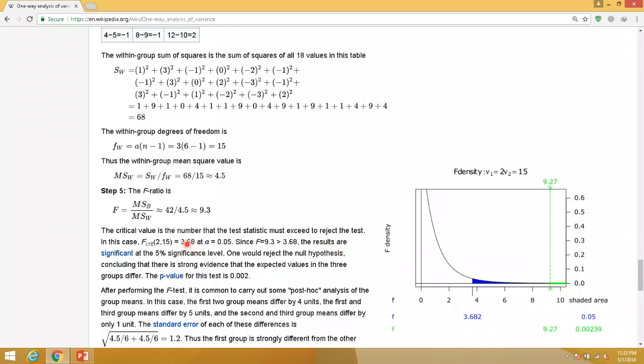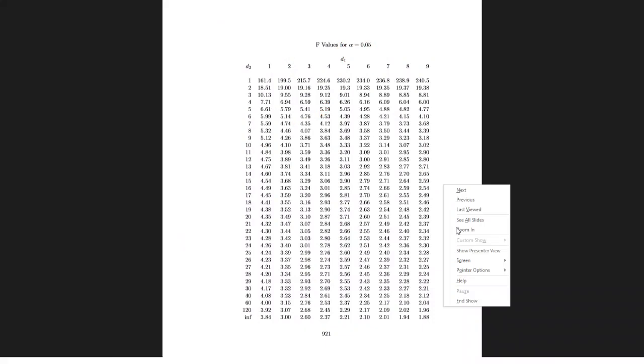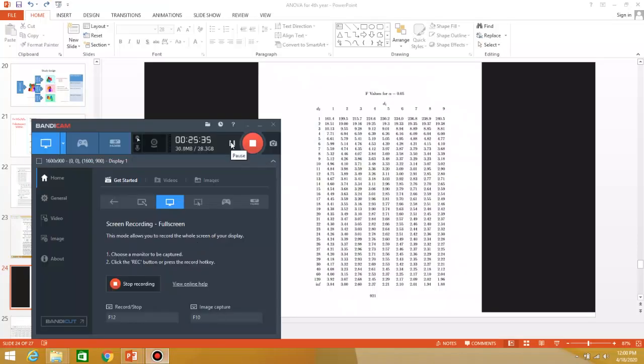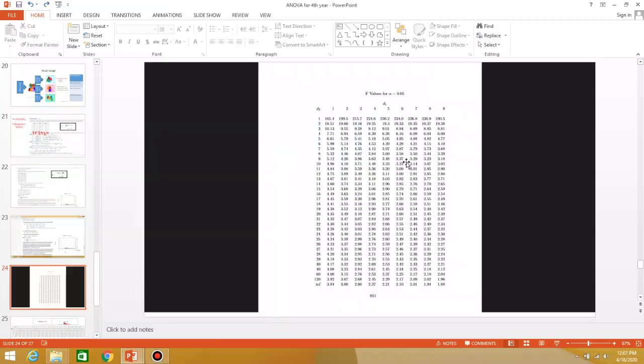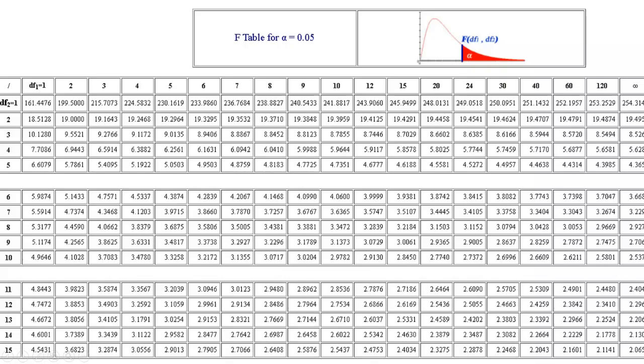Now, if we consult the F distribution table or F values for alpha 0.05, we will see this F distribution table, or a more focused one is this one.